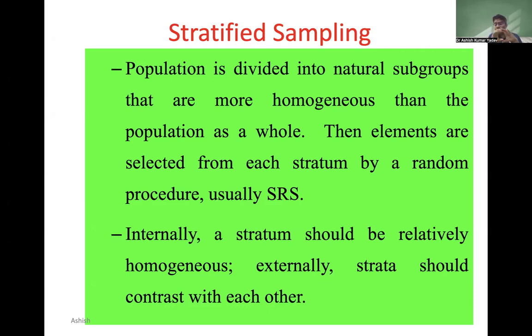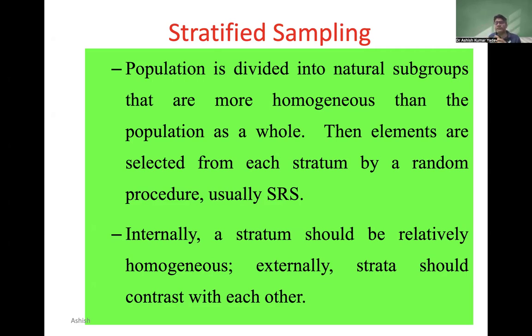Here, the entire population is divided into different strata, such that within the strata, they are homogeneous. For example, all the elite people will be in one stratum, all the good income people in another, and all the poor people in another. Within a stratum they are homogeneous, but between elite, good and poor, they are heterogeneous.